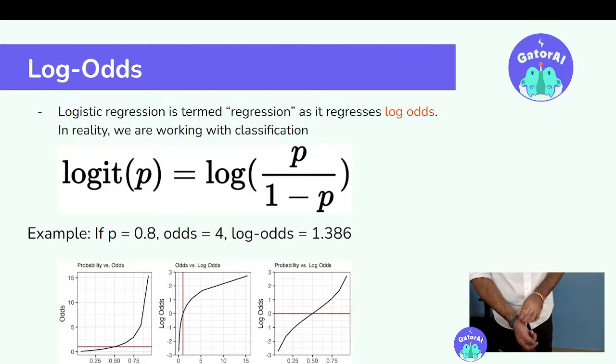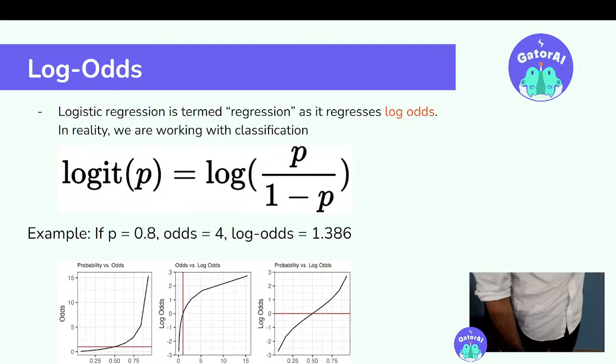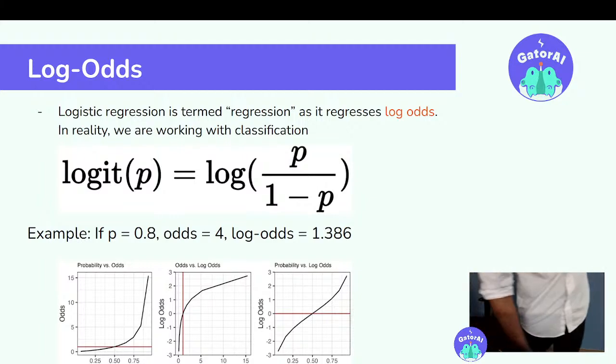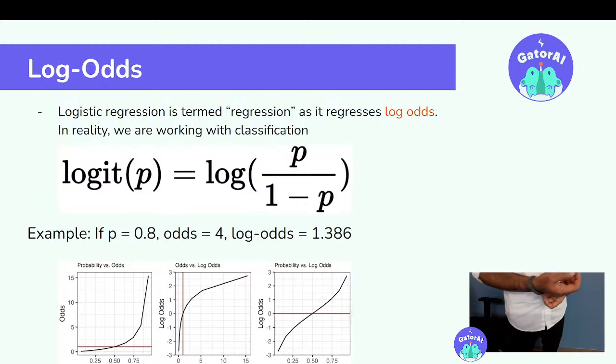In the second graph, you see how the log of the odds smooths things out into a nice linear-looking scale. And in the third graph, where the probability is 0.5, because it's in the middle, the log odds are 0. And again, we know that 0 is our decision boundary.